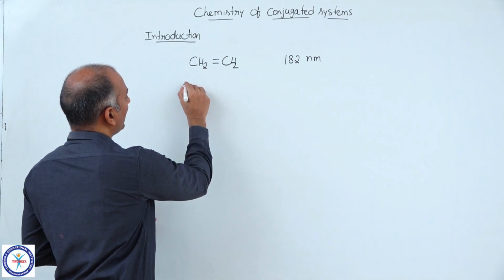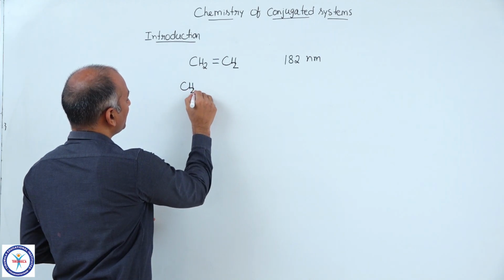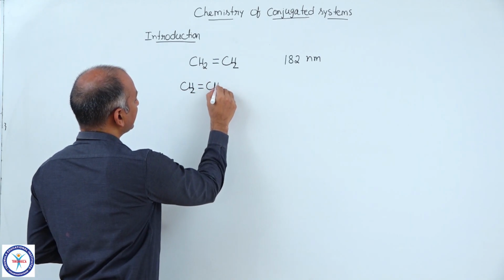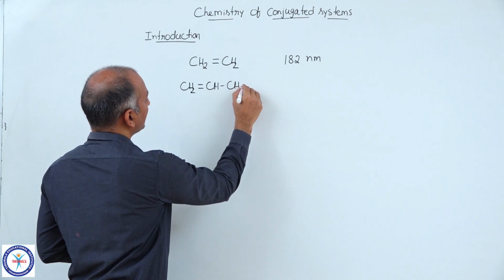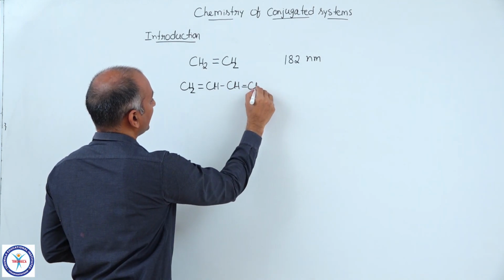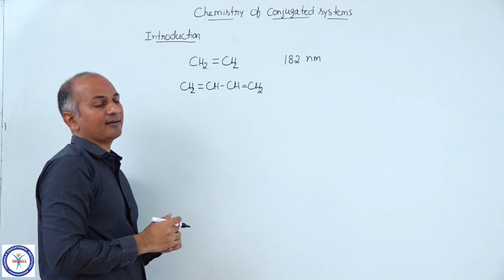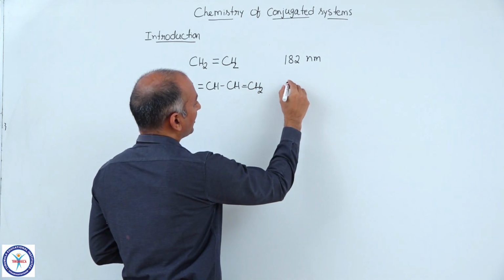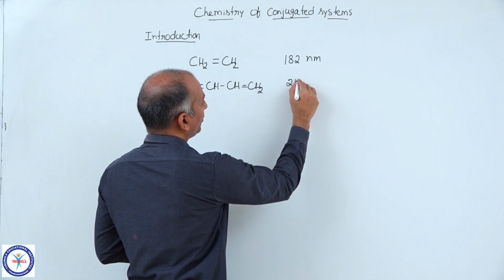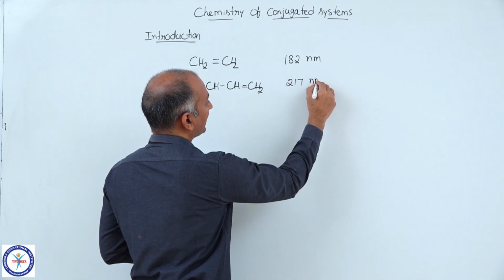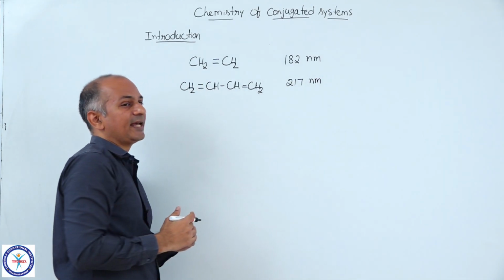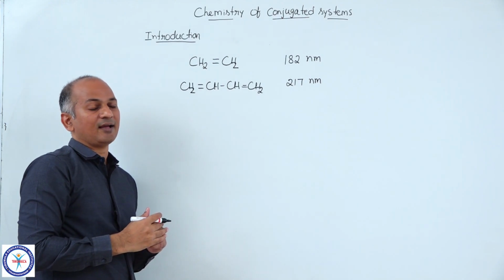Now, if you come to CH2 double bond CH single bond CH single bond CH double bond CH2, 1,3 pentadiene, this compound absorbs light at approximately 217 nanometers. Still, it lies in the ultraviolet region.